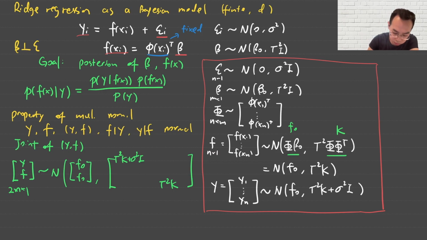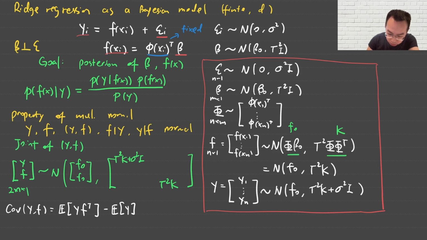So let's compute that. The covariance of y and f equals the expectation of y f transpose minus the expected value of y times the expected value of f transpose.